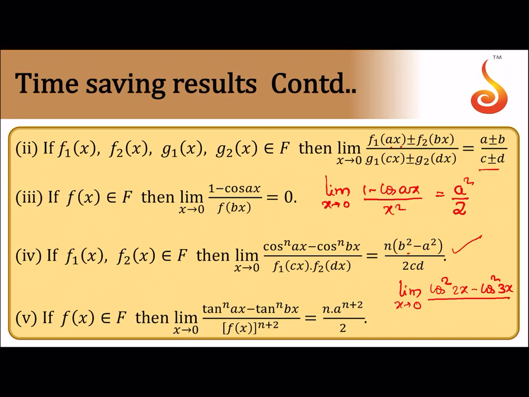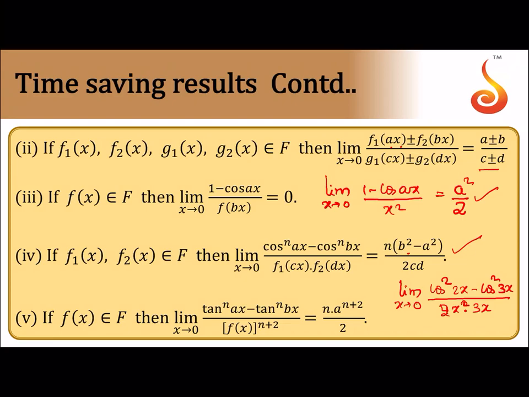I take an example for you. Limit x tending to 0, cos square 2x minus cos square 3x divided by, if it is cos square 2x minus cos square 3x is given to you, this can be written as, suppose c is, I take it as 4x square, this is 2x and 3x.